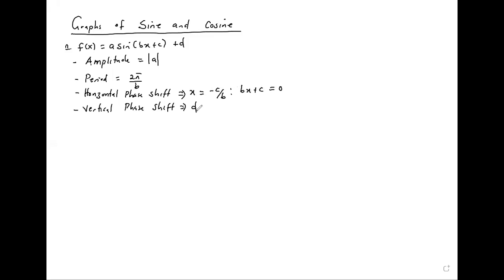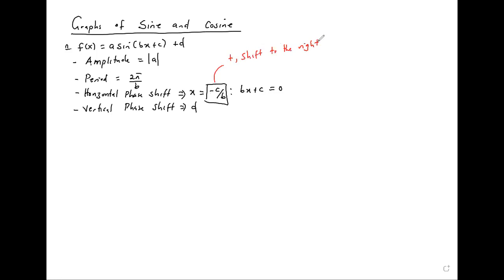Okay, so the vertical shift is where you lift the graph up or down, horizontal to the right or to the left. So what happens is that if the number you get here is positive, you shift to the right.